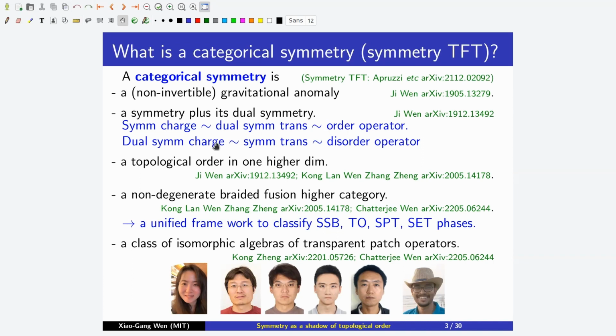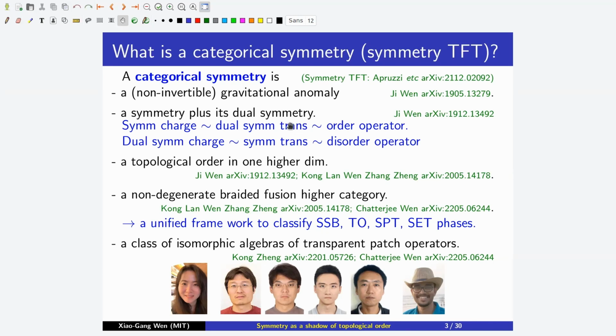The dual symmetry is actually like a disorder operator. It's something we are pretty familiar with. It's talking about the defect. So basically, thinking of symmetry and dual symmetry together is like thinking of order parameter and disorder parameter together at equal footing. So it's one way to do this combined picture.